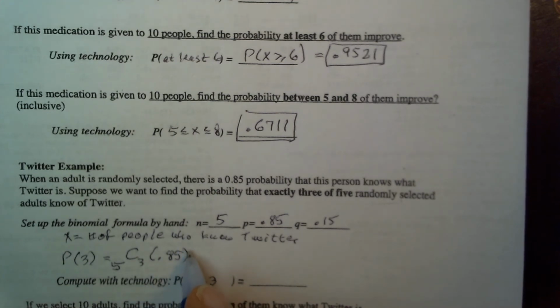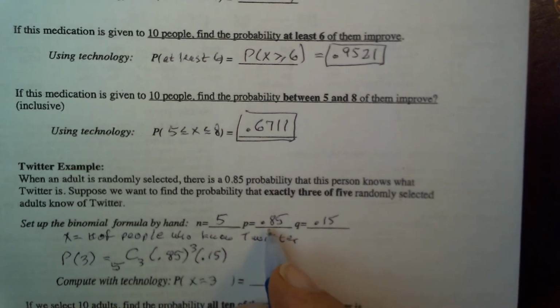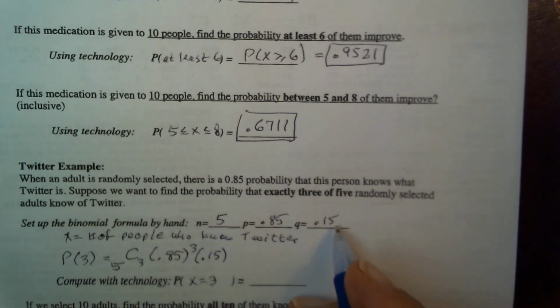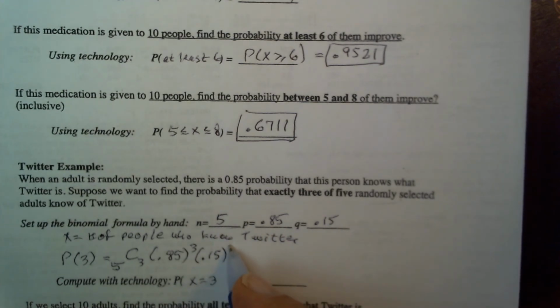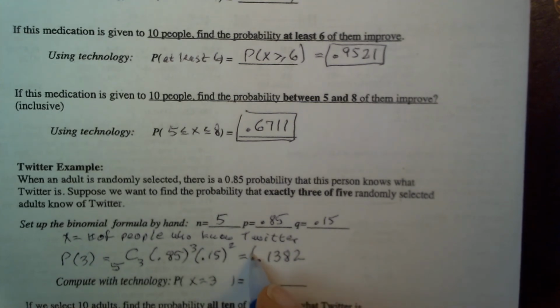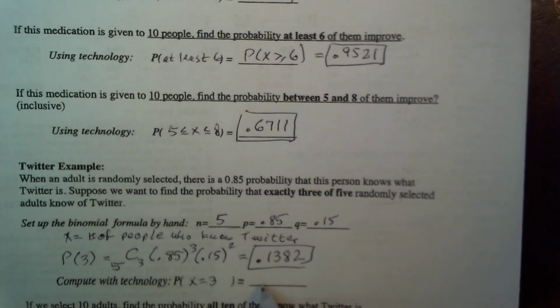We raise that to the x power, or to the third power, and then the failure, 0.15, q, to the n minus x, or 5 minus 3, so it'd be to the second power, and this is equal to 0.1382. And when you use technology, you get exactly the same answer, 0.1382.